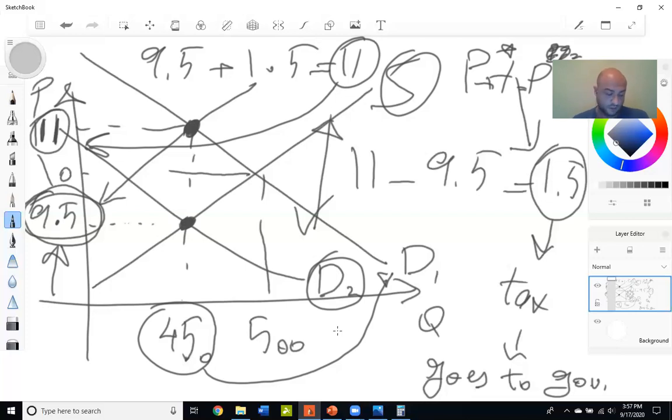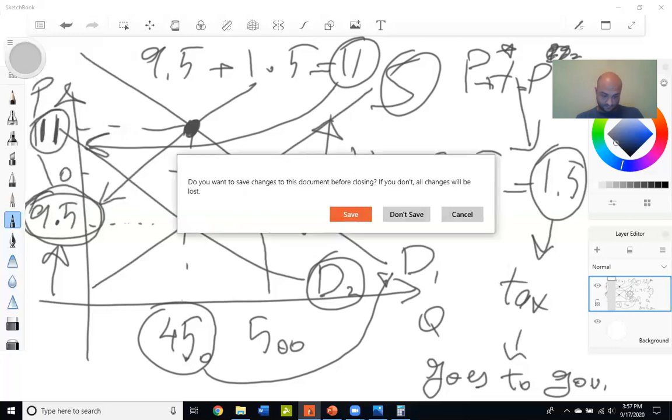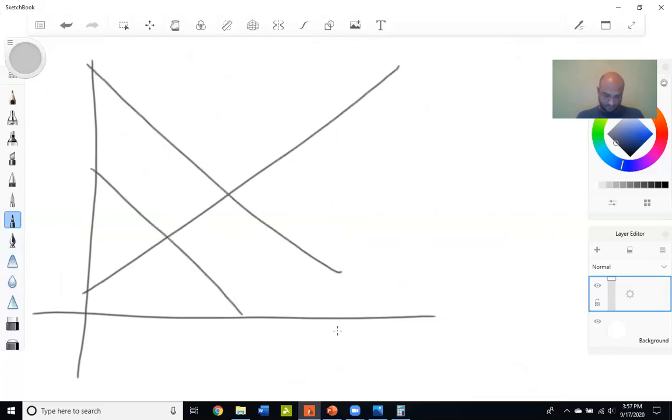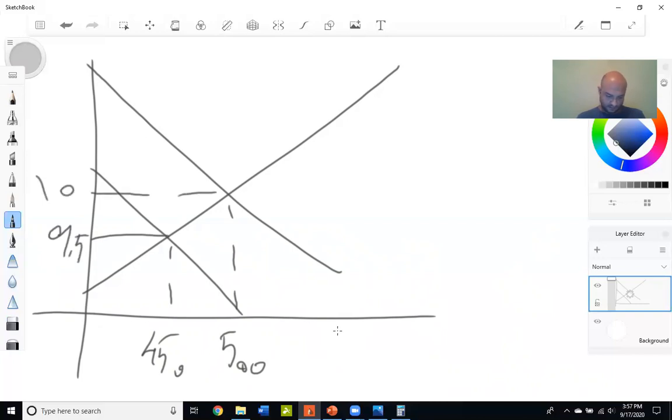I'm paying 11, but then when I pay 11, this is 500, this is 450, this is 9.5, this is 10, and this is 11.